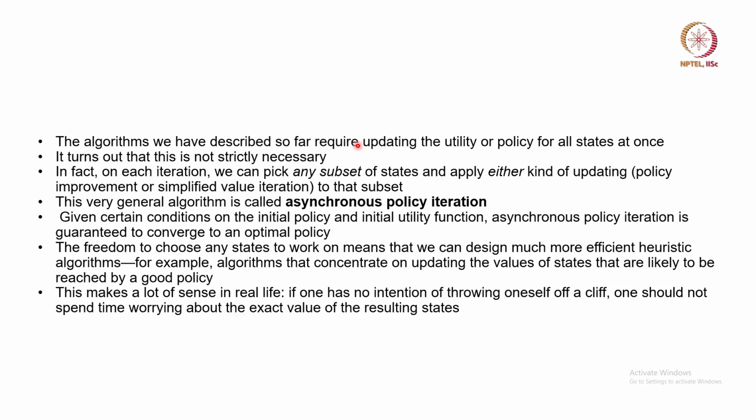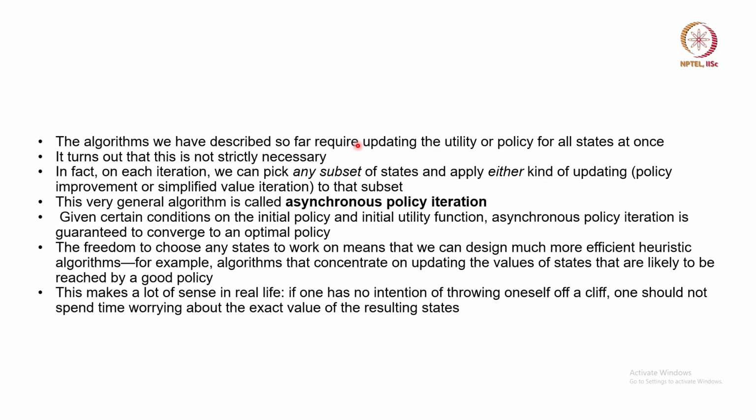So there are a lot of methods. So what we do is that in every iteration you are going to take all the states and you are updating the utility or policy of all the states. But there are algorithms where in each iteration you can just pick a subset of the states and do some kind of updating.